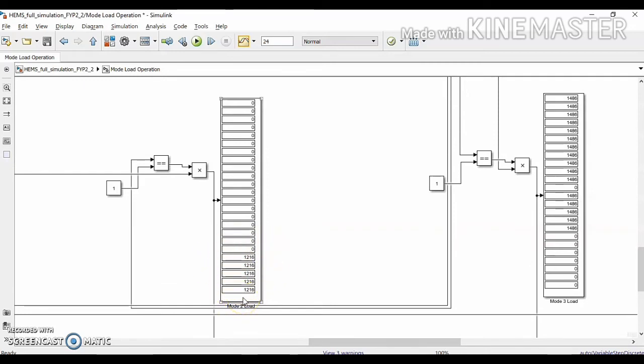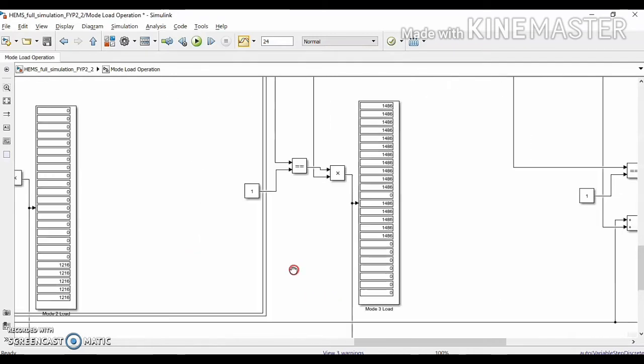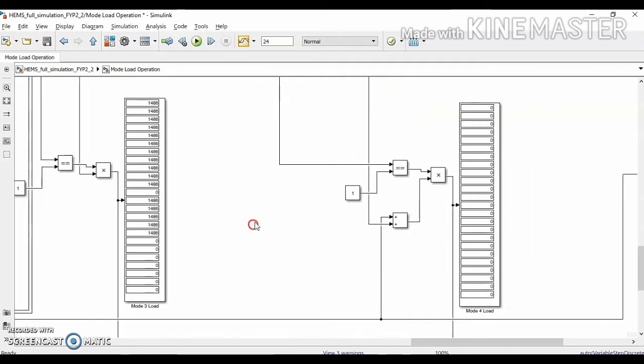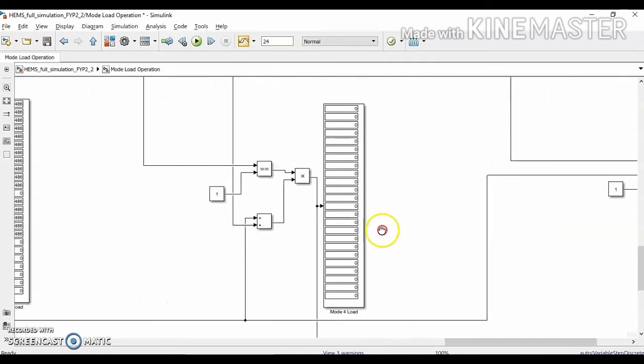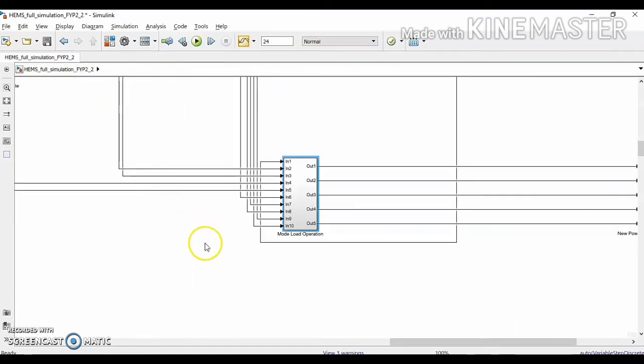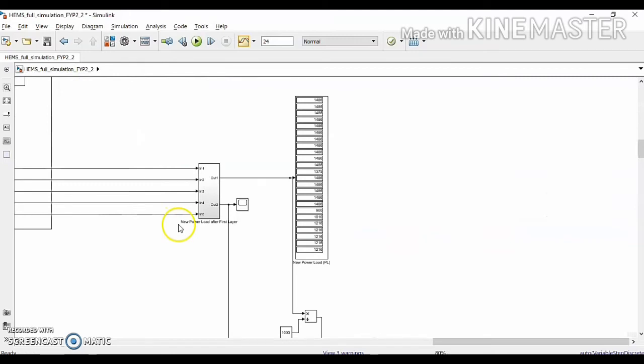For mode 3, from 1 a.m. For mode 4, we don't use it, and for mode 5 we can see at this time the load profile remains unchanged.